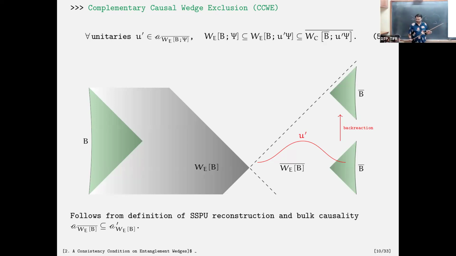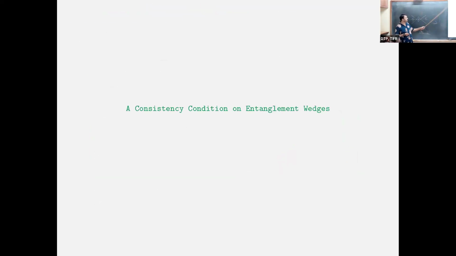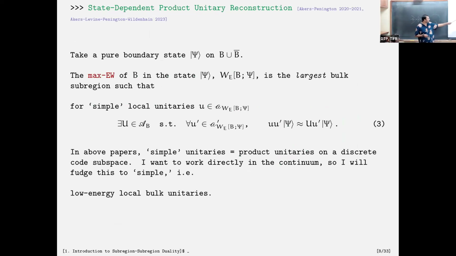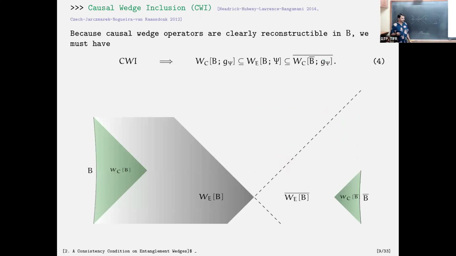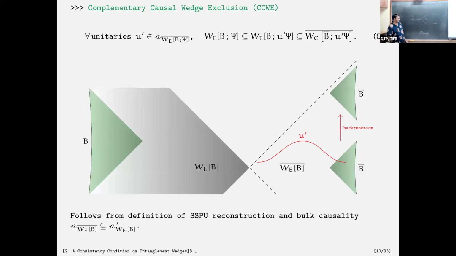But the definition of subregion duality uses this U prime, which should always be spacelike. Suppose I was able to bring this up here, then there would be a simple local operator here, which should be in capital B, but won't commute with capital B, and that violates boundary causality.